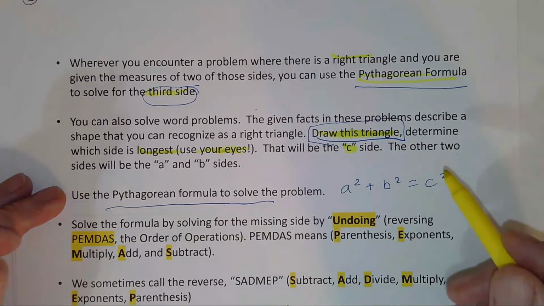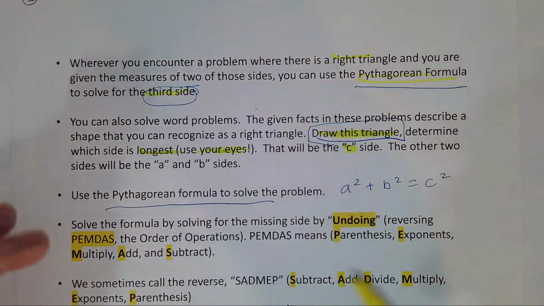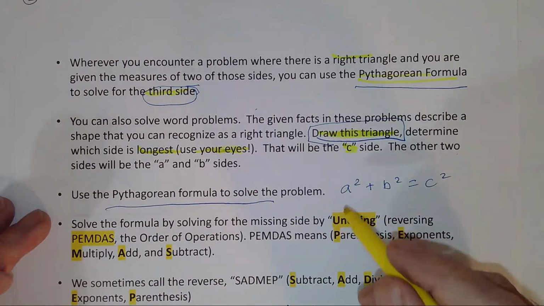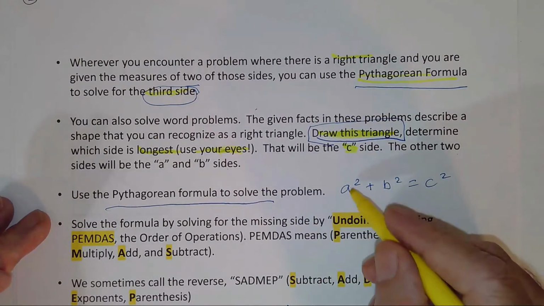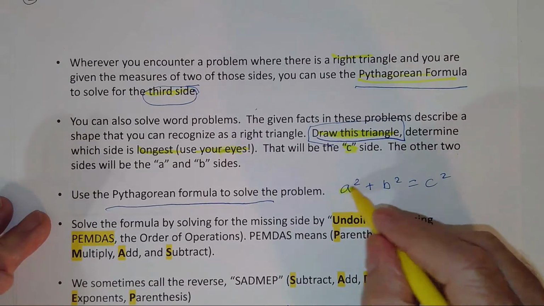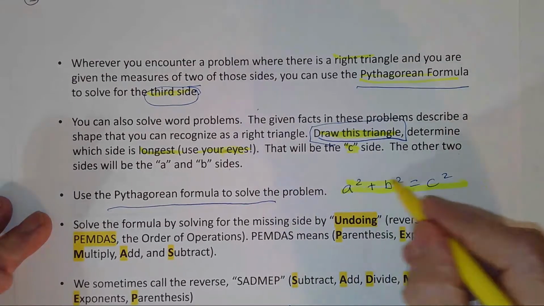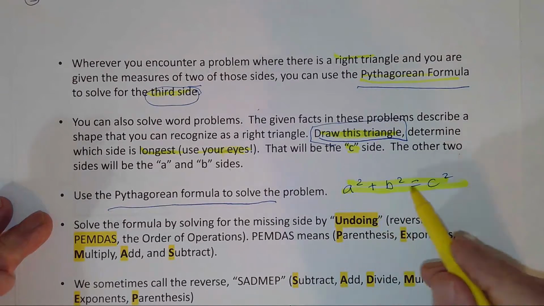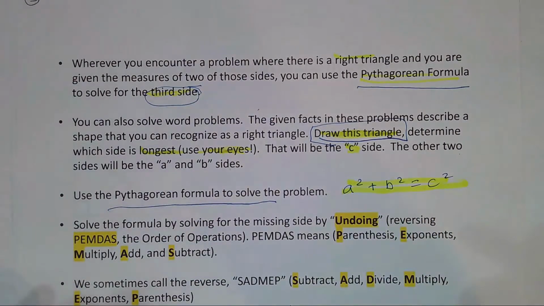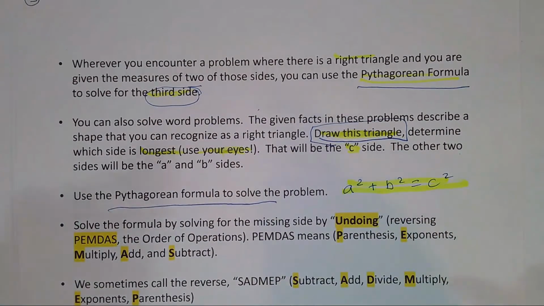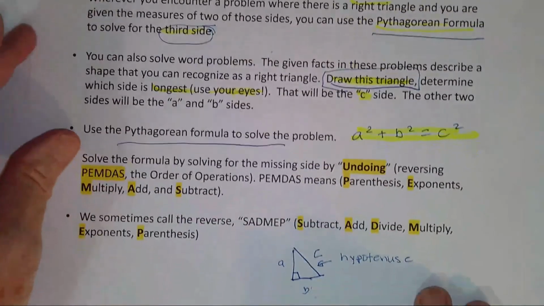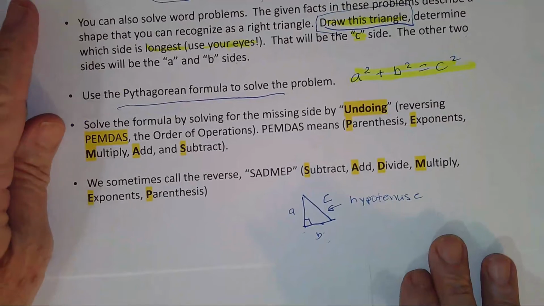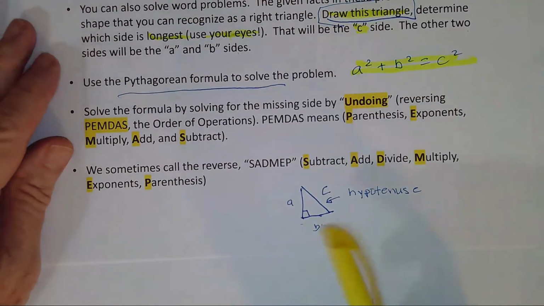So the other two sides will be the A and the B sides, and you use the Pythagorean formula to solve the problem. Again, it's A squared plus B squared equals C squared, where A, B, and C are the three sides. All right? So if I were to look at a drawing of this, here I've sketched at the bottom a triangle.